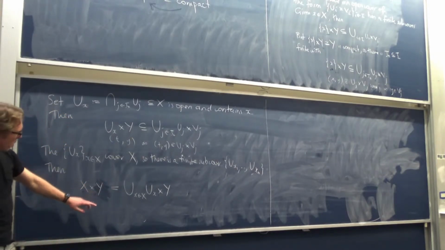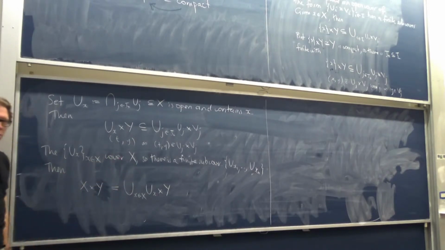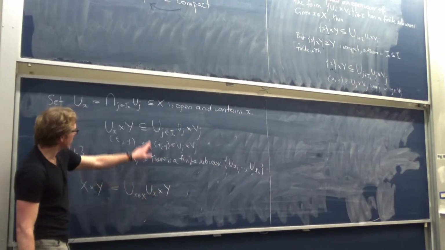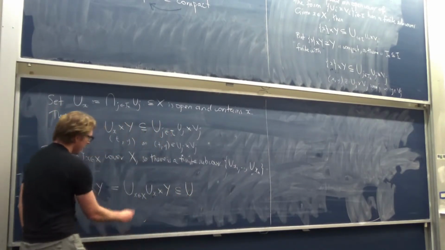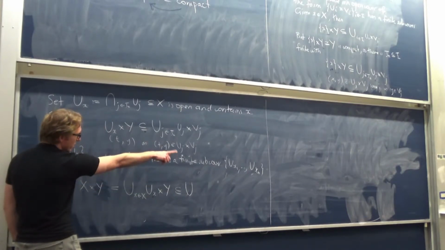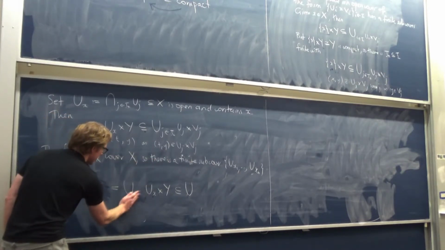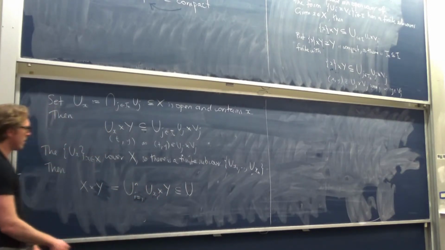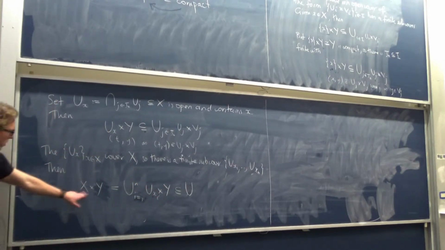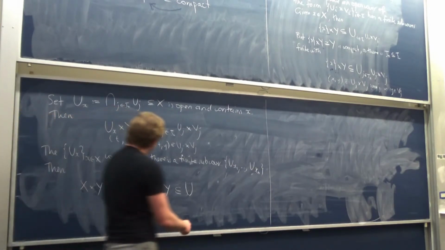Because every (x, y) is in, well, Ux cross Y, for instance. But I have this expression here, so that's contained in the union. And here I'm allowed to take just the cover. That's the point. Okay, because every point in X cross Y is contained in one of them.